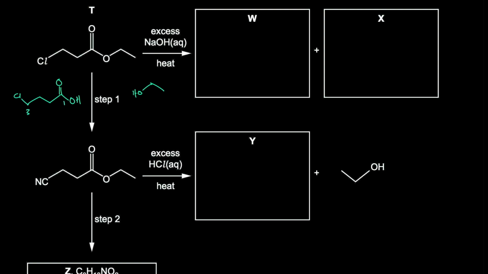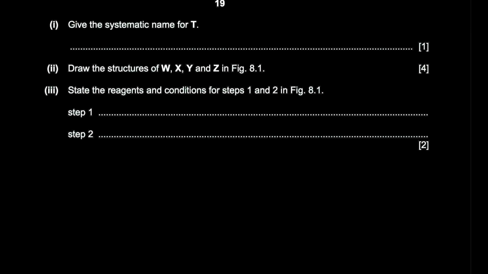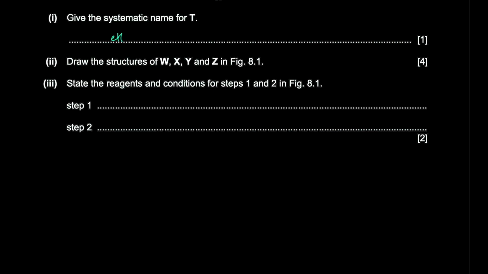The acid gets carbon 1, and this is carbon 2, carbon 3. So we have 3-chloropropanoic acid. So we have ethanol and 3-chloropropanoic acid that react to make this ester. How do we name this? We write the alcohol part first, so that's ethyl, and then the acid part would be 3-chloropropanoate.